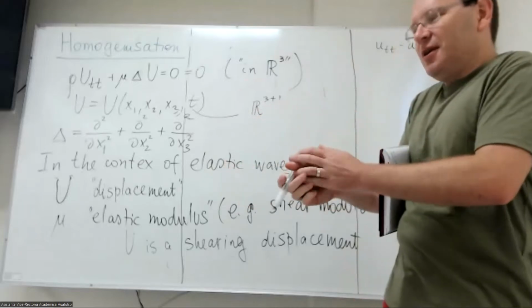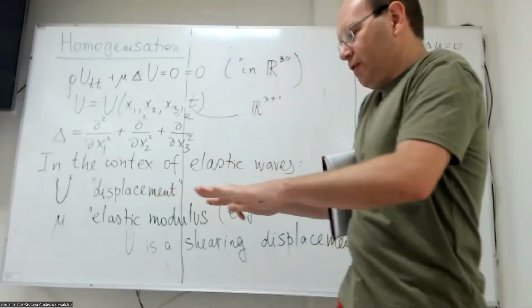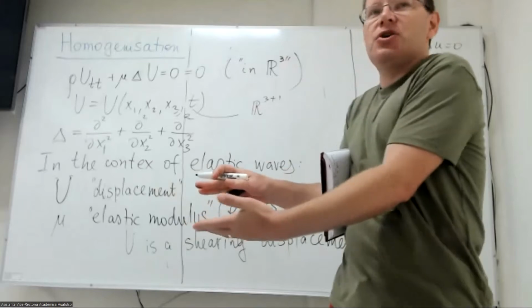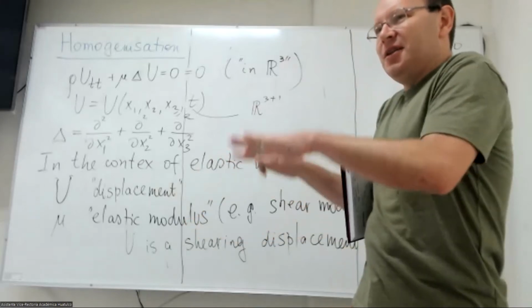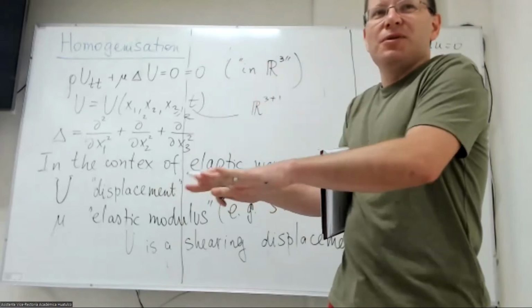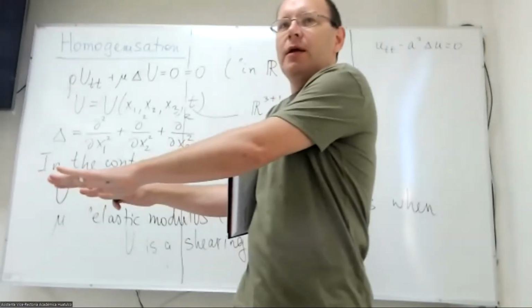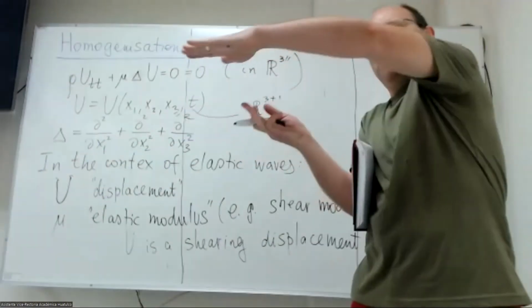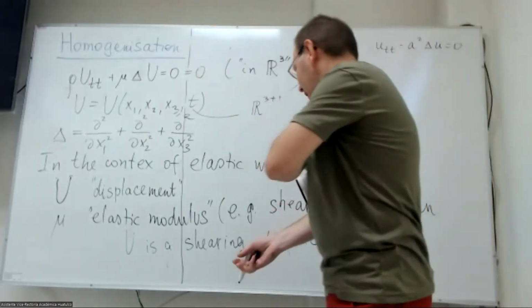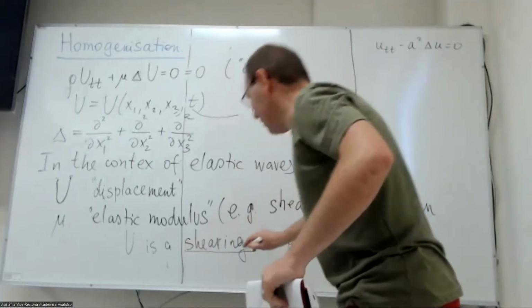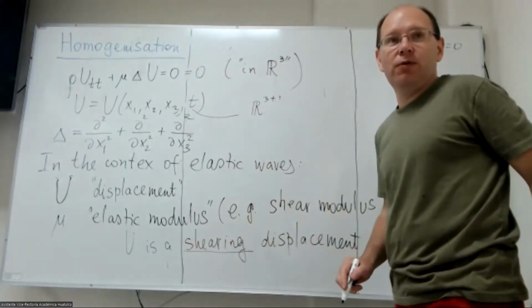Imagine that it's attached to the surface on which it sits, and then you attach something else on the top and push it like that. It will take the form of a parallelogram, right? And that's what this word shearing corresponds to.